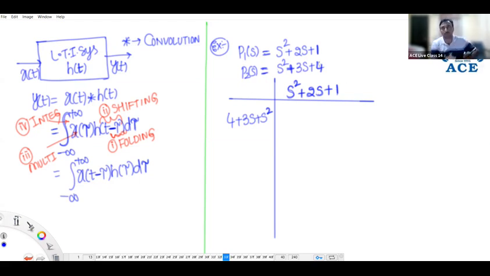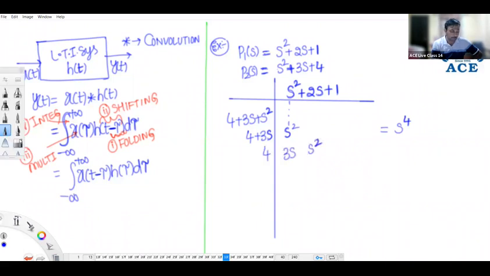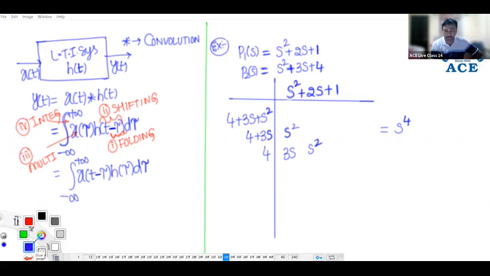Flip it: 4, 3, 1. After folding, start shifting. Now you get some overlap: s square into s square, that is s power 4. Keep the result aside. Take one more shift. Again there is certain overlap. We take one more shift. Again there is some overlap. What is that? 3s into s square plus 2s into s square, 5s cube. Take one more shift.